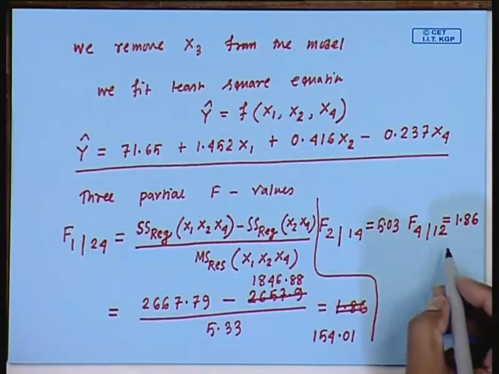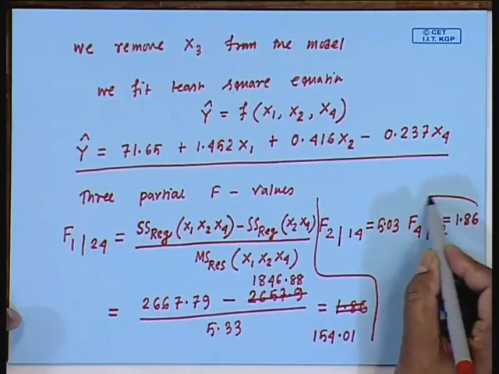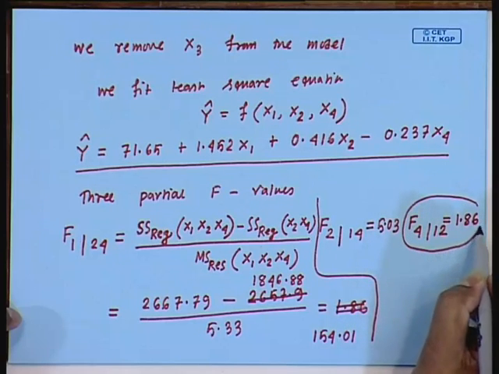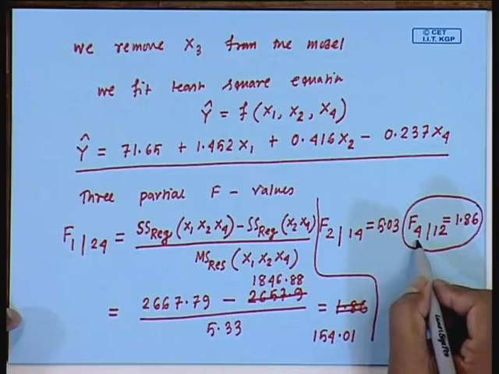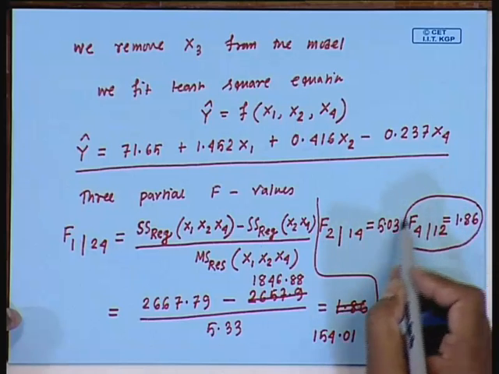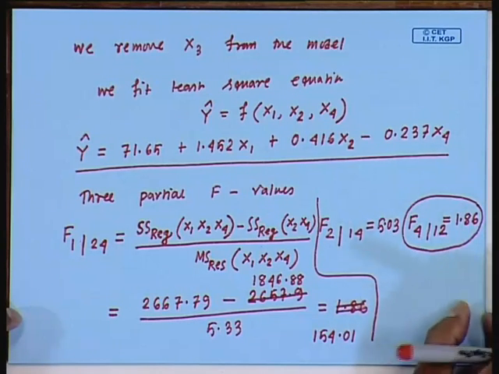So, the smallest partial F value is this one. That means if this F is less than the tabulated value, then we are going to remove x4 from the model, because this partial F statistic is associated with x4.